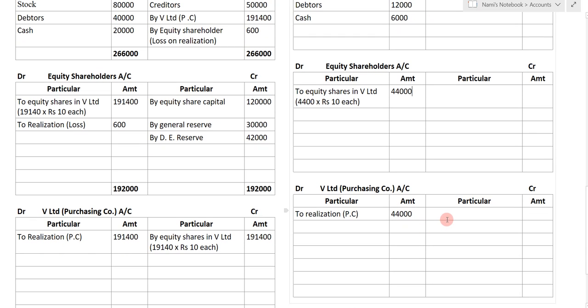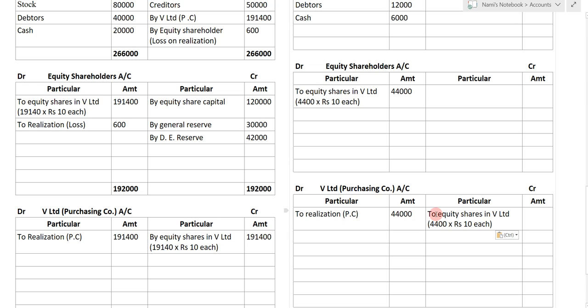The second effect you will give in the credit side of the purchase consideration. In this, as the purchasing company, in the credit side it will be called as by. Right, 44,000.